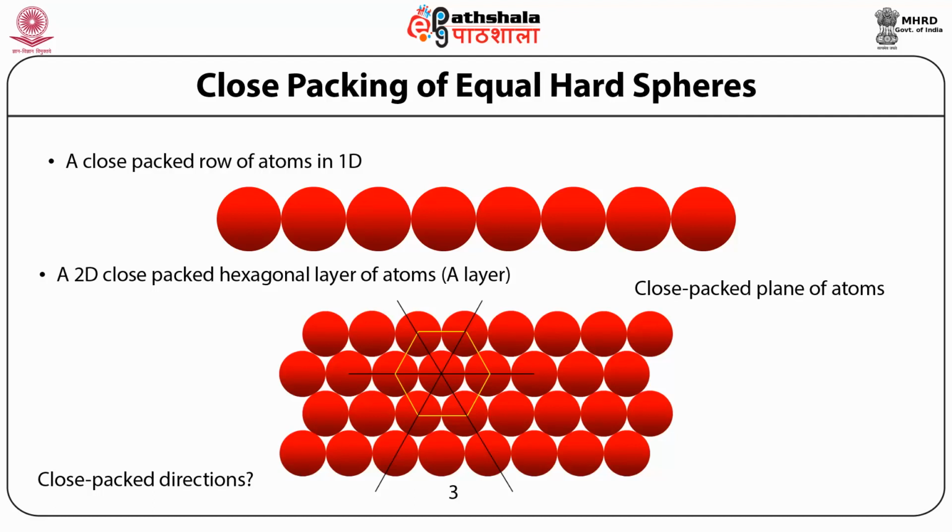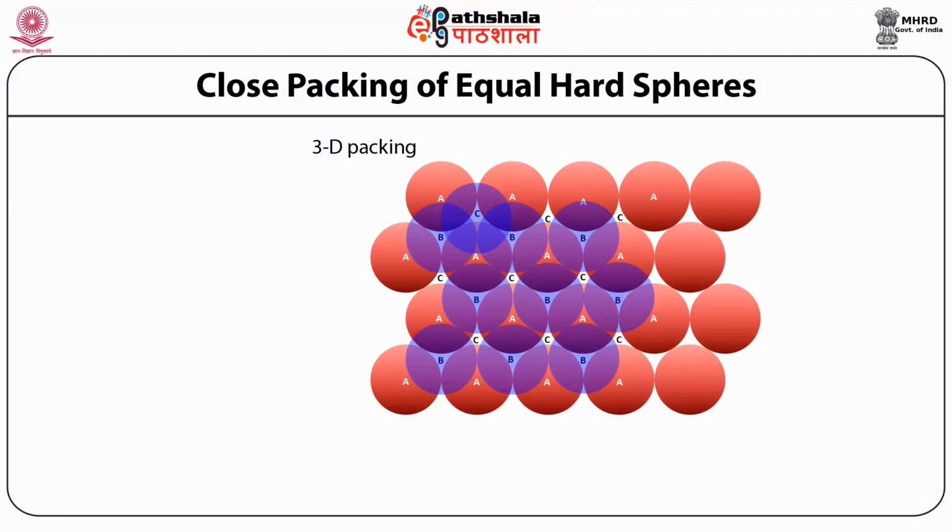You can see from the animation that initially there is a single layer of atoms arranged together having some voids. The alphabet A is written on each atom to signify that this is layer A, the first layer. Next are the voids which are present.